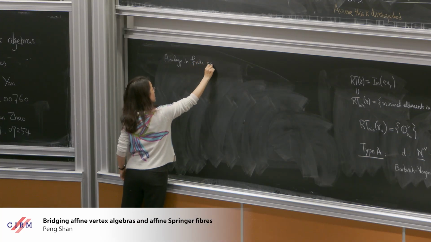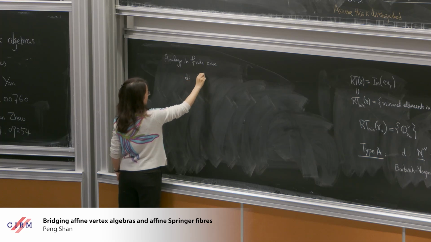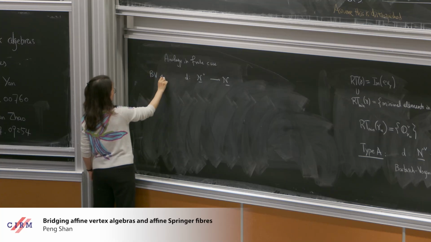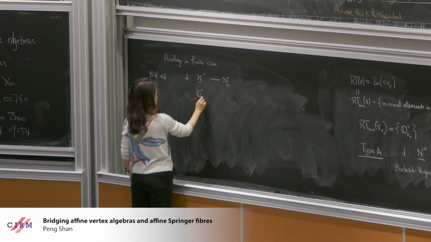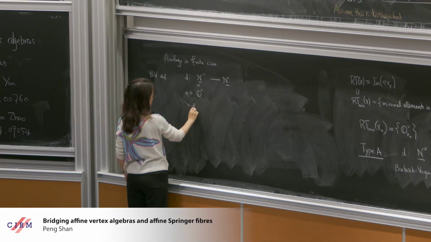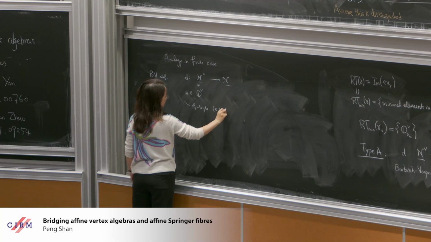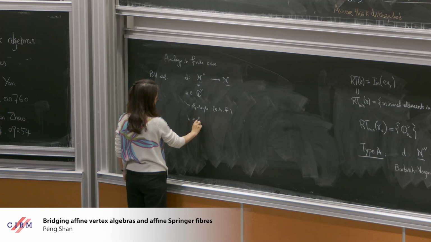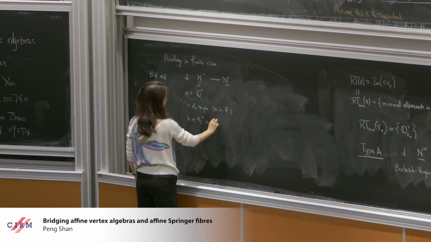There we need to go back to the definition of this duality map from N check to N, following Barbasch-Vogan's definition. Their definition is the following. You start from some nilpotent orbit O check here, and then you take an element E. You complete it into an SL2 triple E, H, and F. The semisimple element is an element in the Cartan, H check, and in particular this is identified with the dual of the Cartan here.